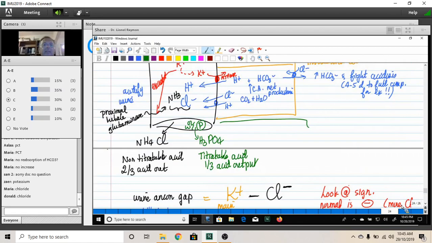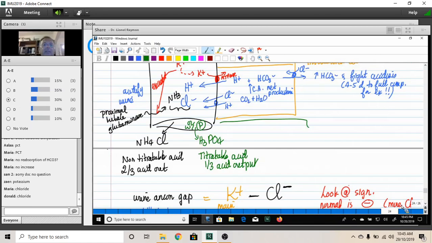In my question, we had a problem with the proximal tubule. So a positive urine anion gap, it would always be as intercalated cell excrete more protons as ammonium chloride. The only time it would be positive is only if RTA type 1.